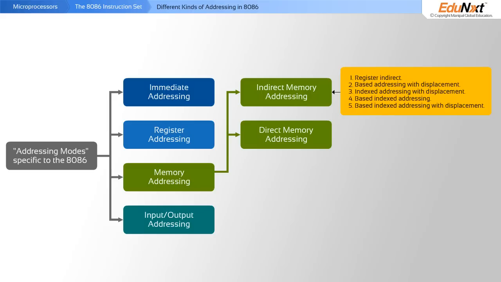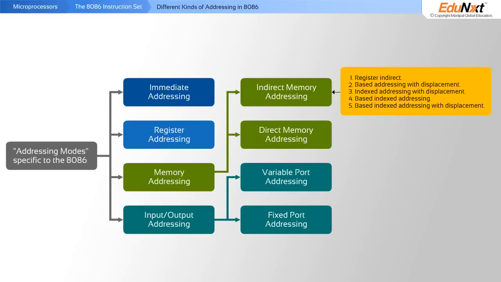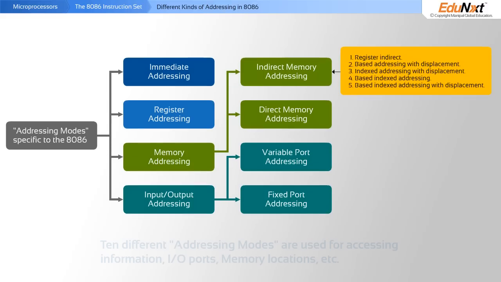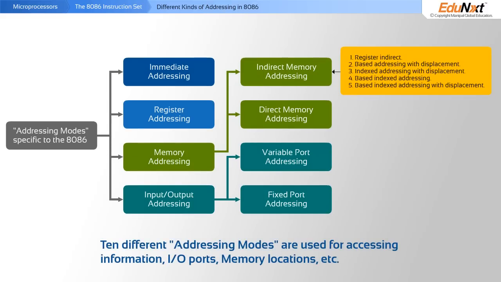The input-output addressing, the I/O addressing, has a fixed port addressing mode or a variable port addressing mode. So what this really gives you as a programmer is 1, 2, 3, 4, 5 plus 5, 10 different addressing modes for accessing information, I/O ports, memory locations, etc. in the 8086.